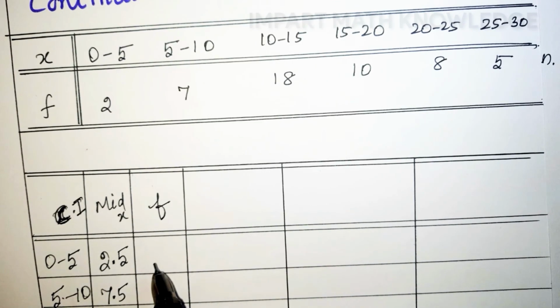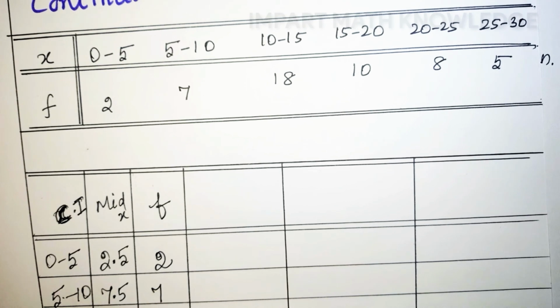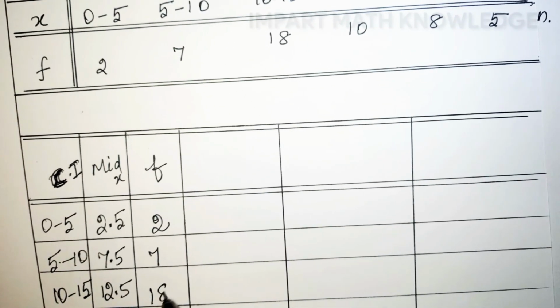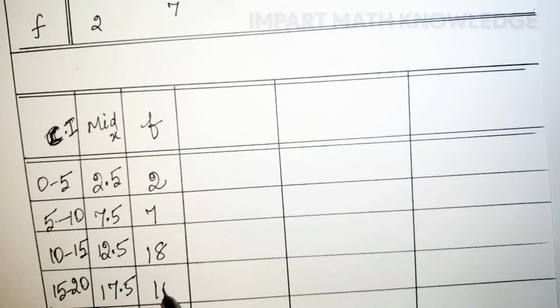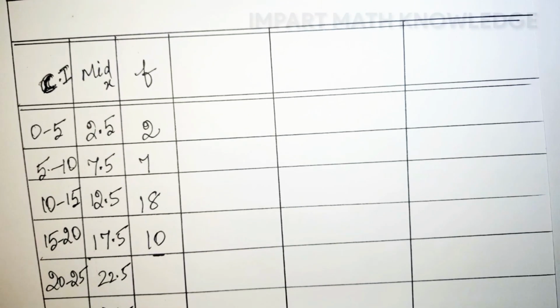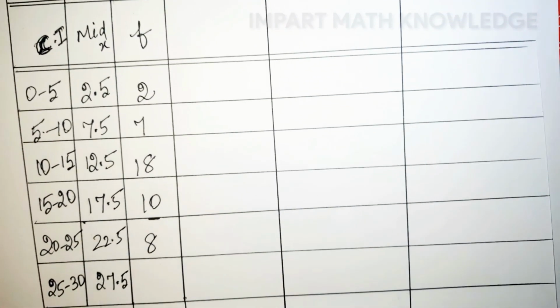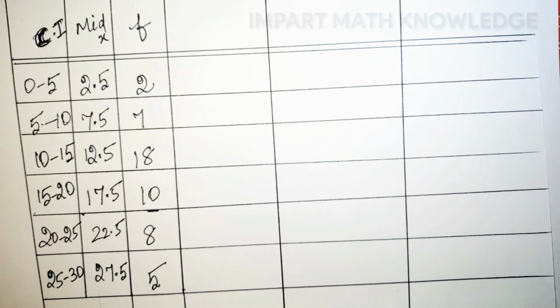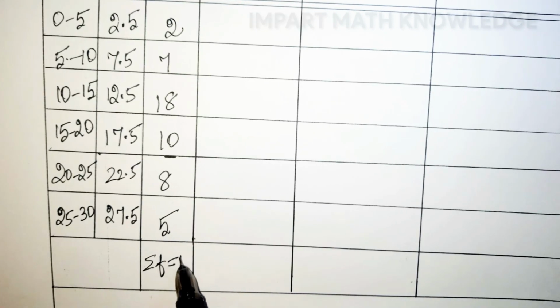Frequencies are 2, 7, 18, 10, 8, 5. Total frequency is 50.